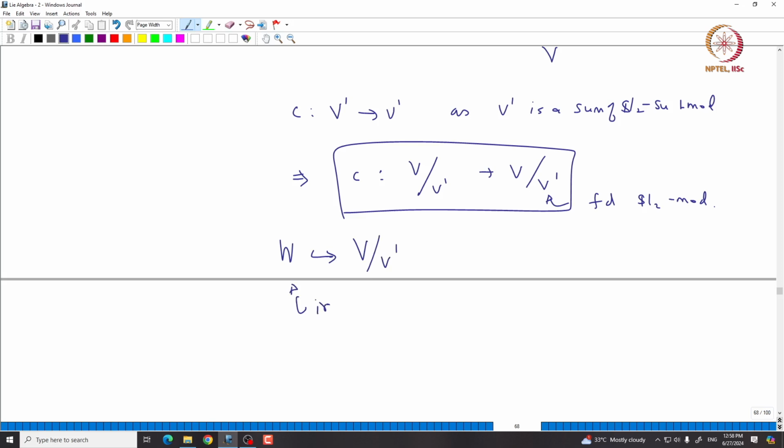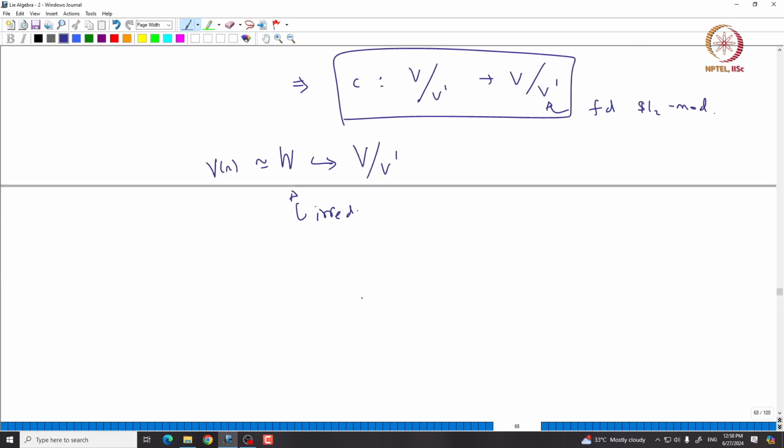So, this is irreducible, which is isomorphic to let us say some V_n. Now C is going to act as a scalar when you restrict to V_n, that is n squared by 2 plus n times identity. Now the only eigenvalue that C can take on capital V is m squared by 2 plus m.